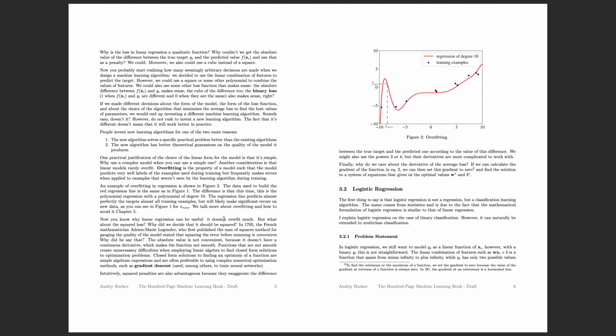So the reason linear regression is useful is because it doesn't overfit much. Also, the reason squared error is so advantageous is because it exaggerates the difference between the true target and the predicted one. So it makes the model become sharper and try to reduce the error more strongly.